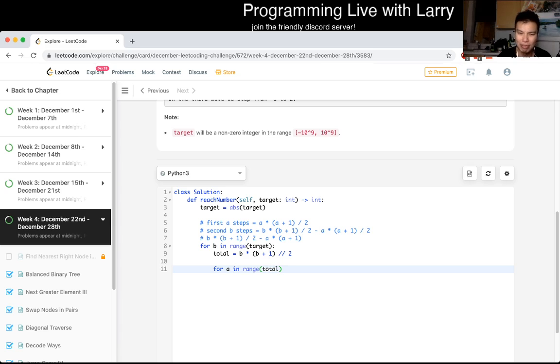It's roughly square root of n, but we want to find some A such that A times A plus 1 plus total is equal to target, right? I'm trying to think in my head the formula, the way to do it.